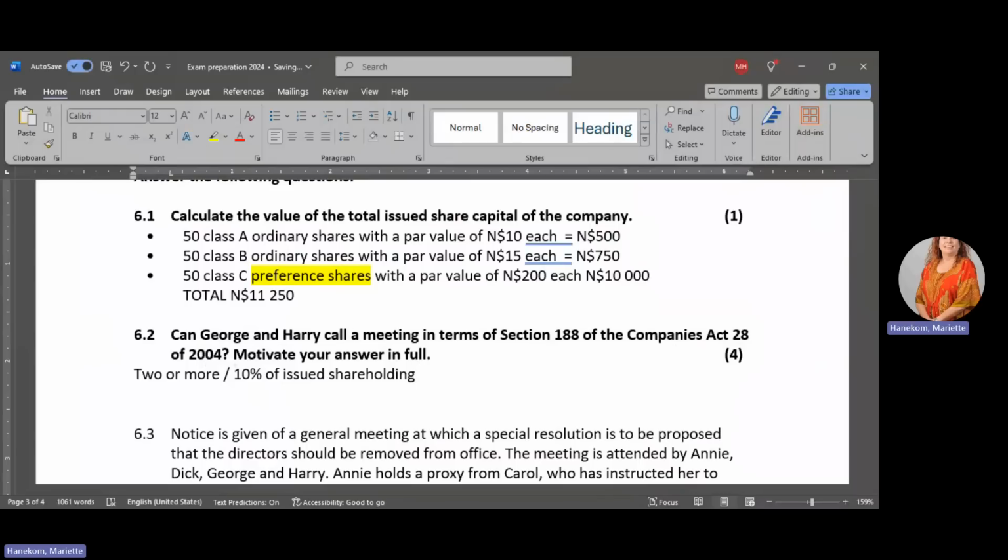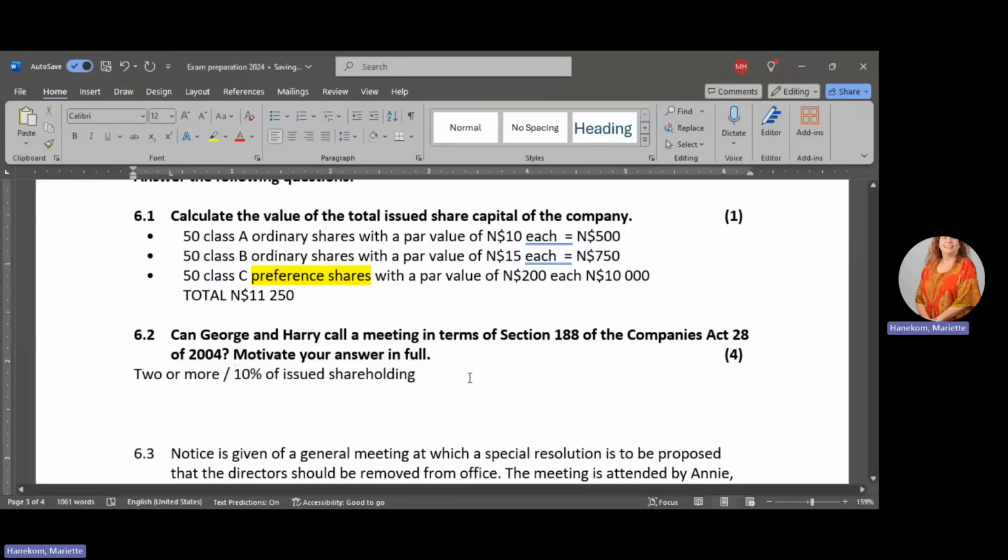Section 189, well, let me answer this first, and then I'm going to get to section 189. So you need 2 or more shareholders that hold 10% of the issued shareholding. And remember to tell me that they are two shareholders.